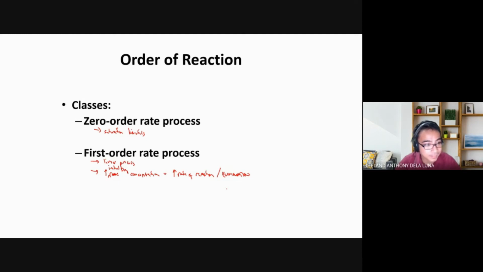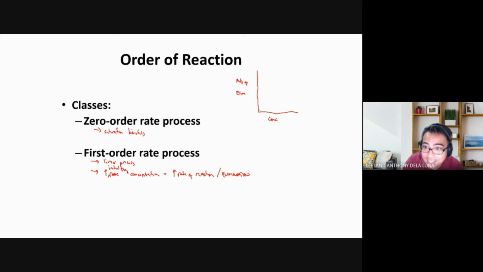Are we clear? Okay. So class, if this is a graph, this is the graph. So here's the concentration. This time ilagay natin yung concentration dito sa x-axis. Tapos yung rate of elimination sa y-axis.